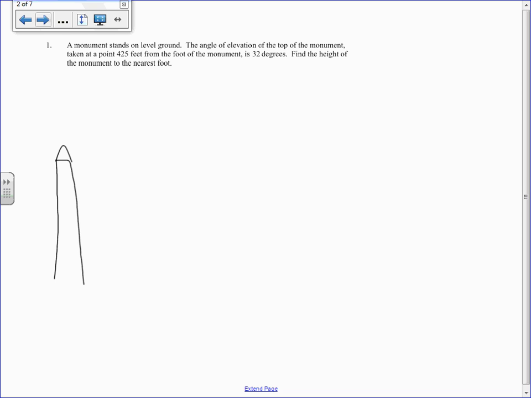So there's my monument. The angle of elevation of the top. So remember, elevate means I'm looking up. So I'm looking up to the top of the monument from 425 feet away. So I'm standing over here. I'm 425 feet away, and I'm looking up to the top of the monument.